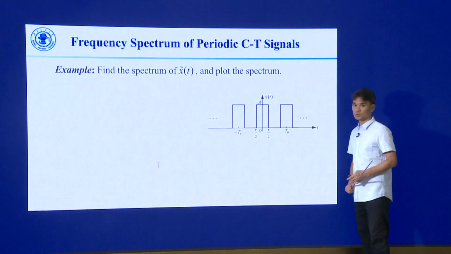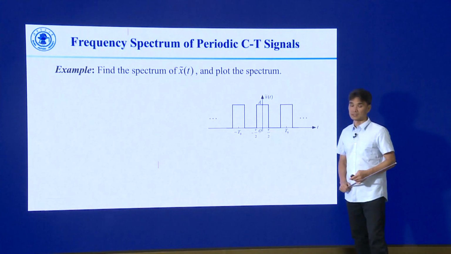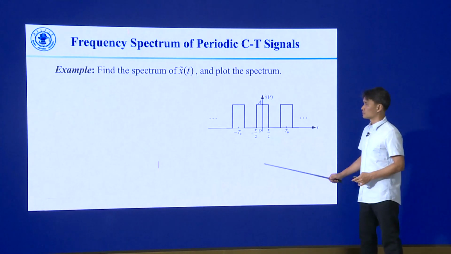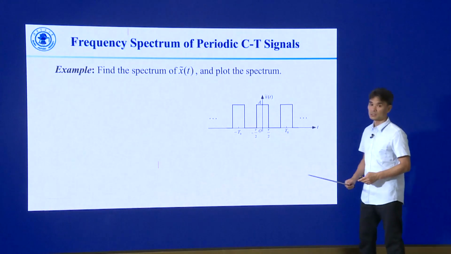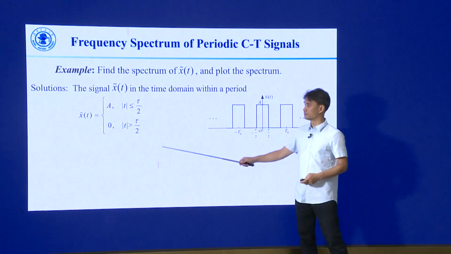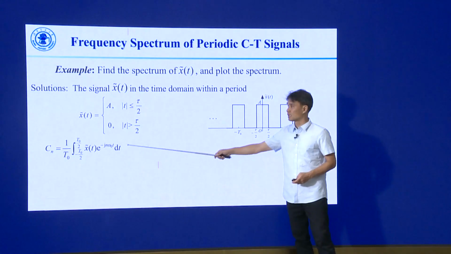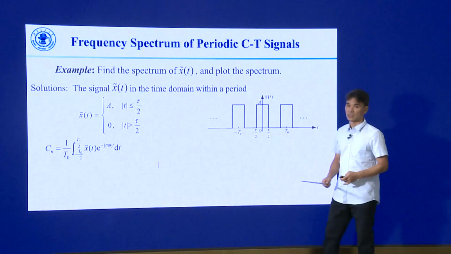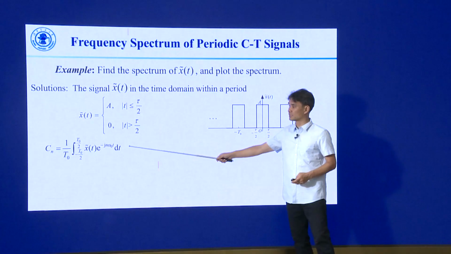Here we try to show some examples of how we can evaluate a given signal's spectrum based on the definition. So this is a periodic continuous time signal. How can we calculate that signal's spectrum? Well, based on the definition of continuous time Fourier series and the definition of the original signal in the time domain, we can plug the definition of the signal into the definition of the Fourier series.